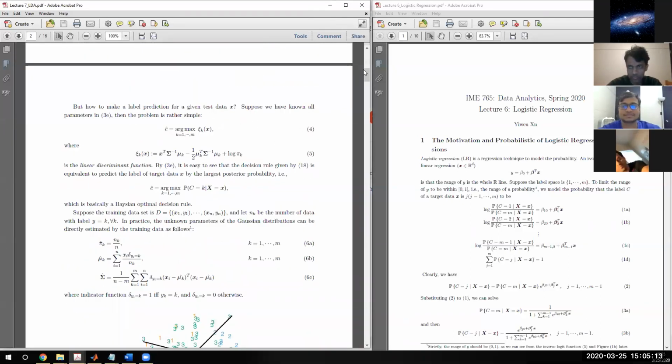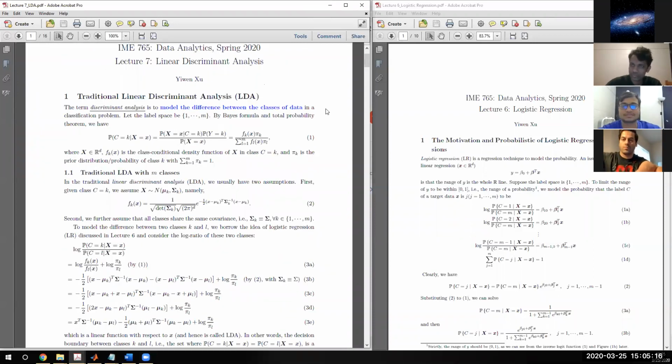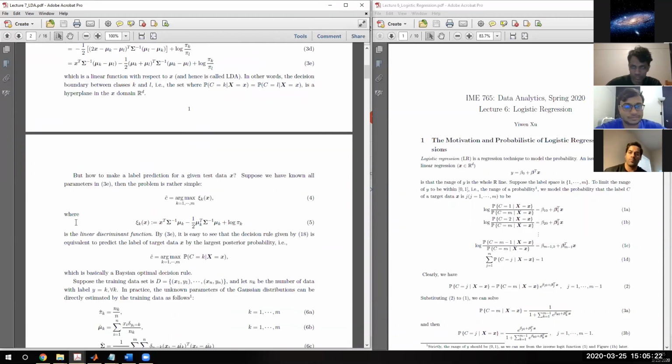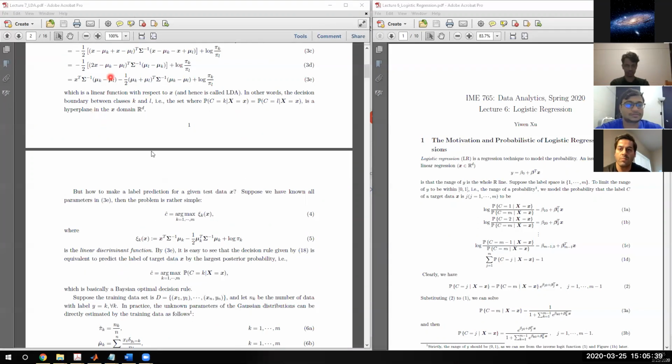Last time, let's briefly have a review. We introduced the model of LDA, which is equivalent to defining a linear discriminant function and making the decision by the Bayes rule.